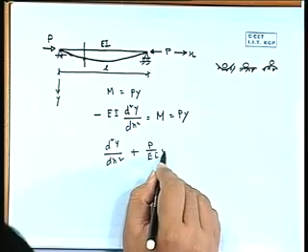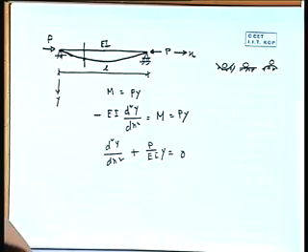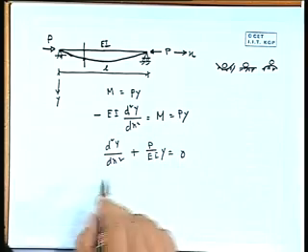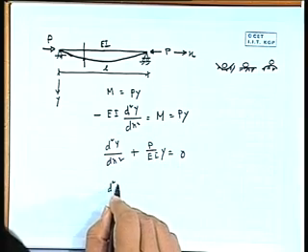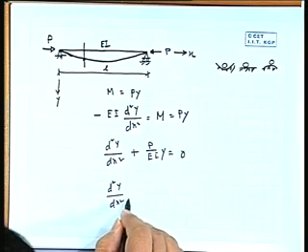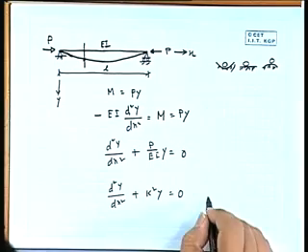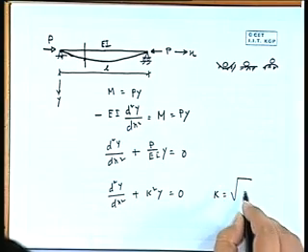Now if we try to solve this equation, we can write d2y by dx square plus P by EI y is equal to 0. Putting the EI part here and taking both terms on the same side, it becomes k square y equal to 0. But what is k?